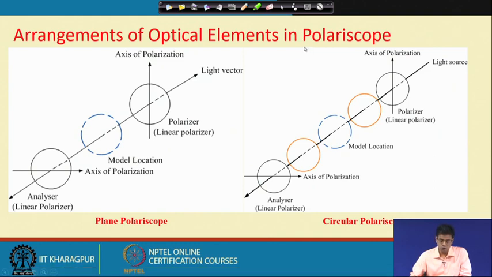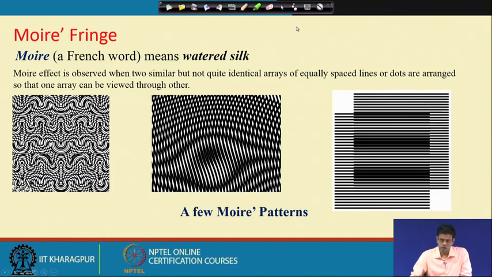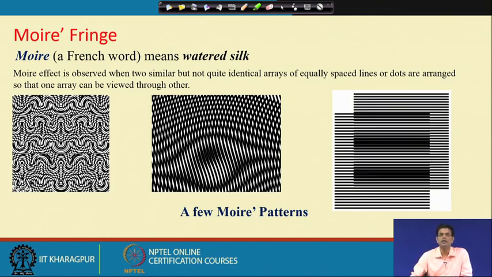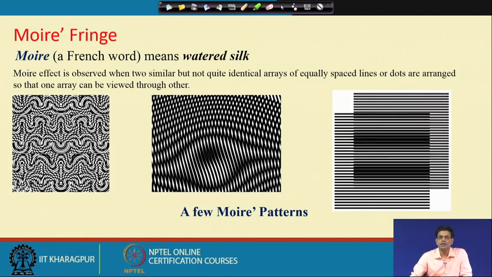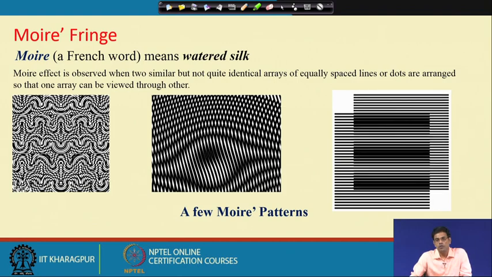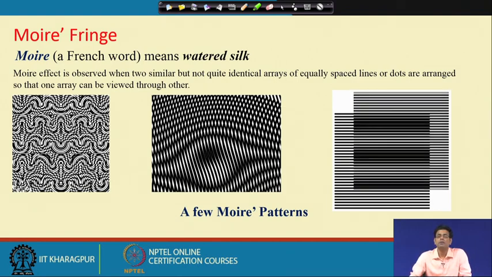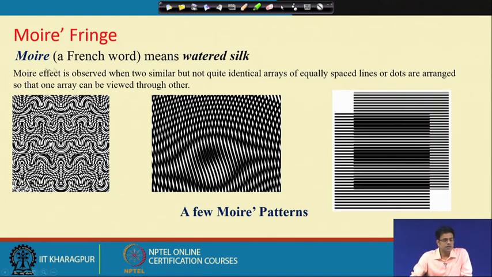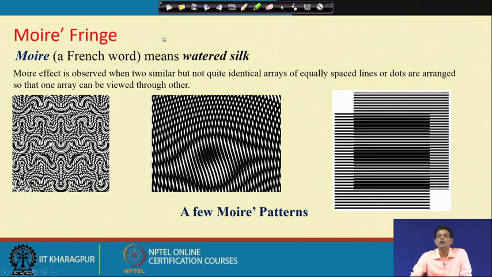So, this is the basic principle of how the circular polariscope works in photoelastic measurement. Now, another thing that is important, we will not study it in detail here, we will just discuss it. Those who really want to understand it can go through Experimental Stress Analysis by Dally and Riley. So, this is moire fringes. Moire is a French word.